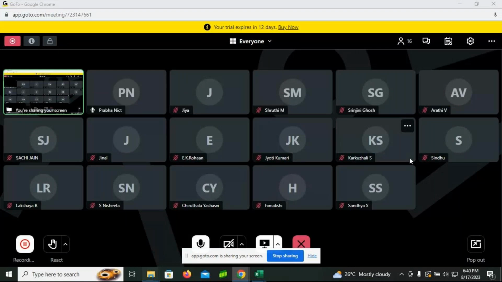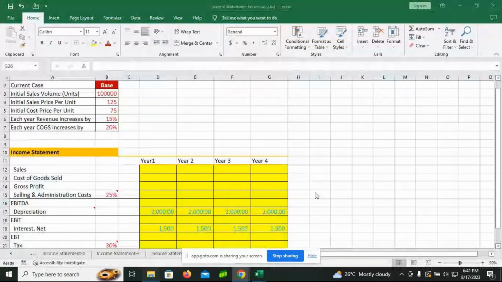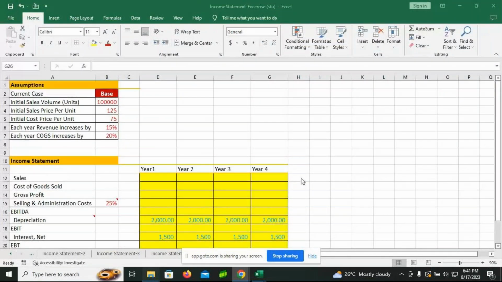So income statement. I think the last one we were supposed to do it. Did you people try? With the sum?